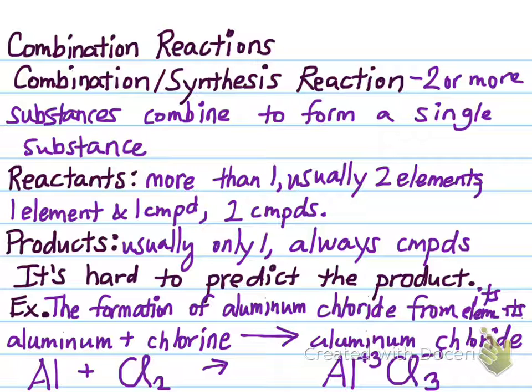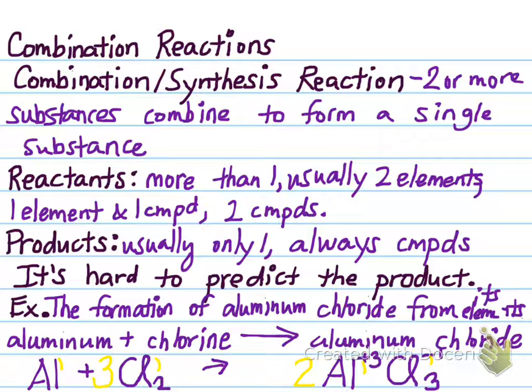So now we're ready to balance this. So I have one, and I'm going to kind of grab a different color here. Let's do this. So I have one aluminum here, and I have one aluminum over here. I have 2 chlorines here, and I have 3, so I have to make them equal. So I'm going to put a coefficient of 2 in front of aluminum chloride and a coefficient of 3 in front of chlorine.